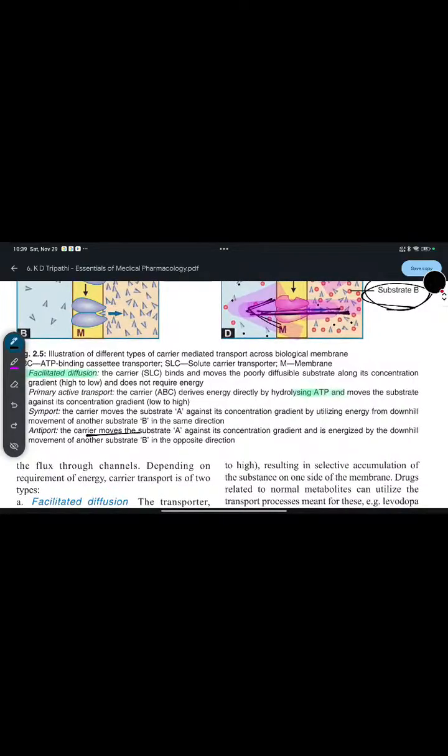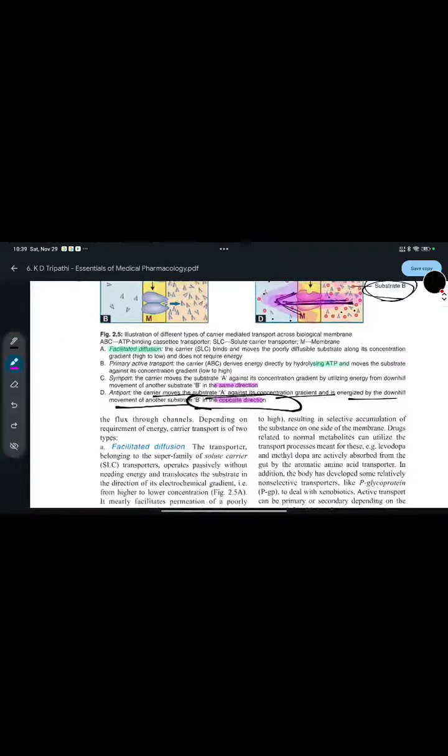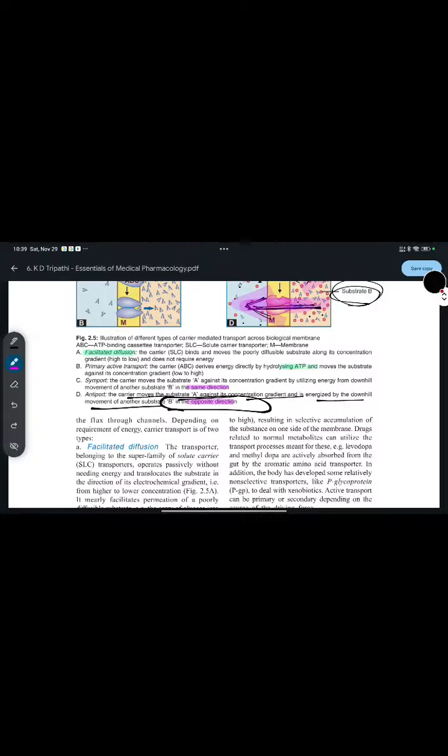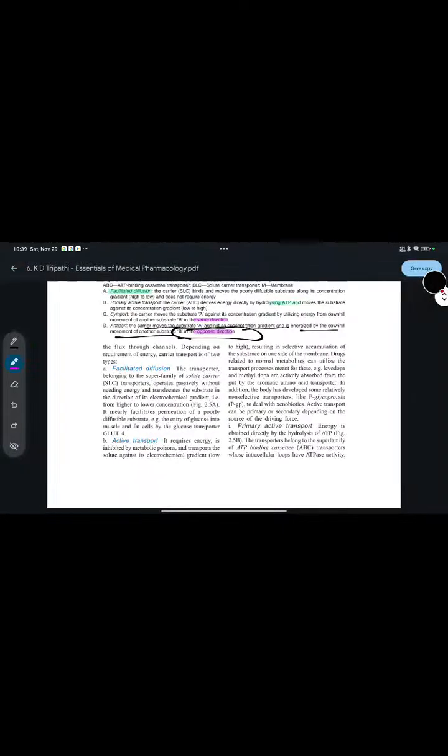So the carrier moves substrate A against the concentration gradient, energized by downhill movement of another substrate B in opposite direction. So in symport you will see same direction, but in antiport you will see opposite direction. So this is all about transport of substances.